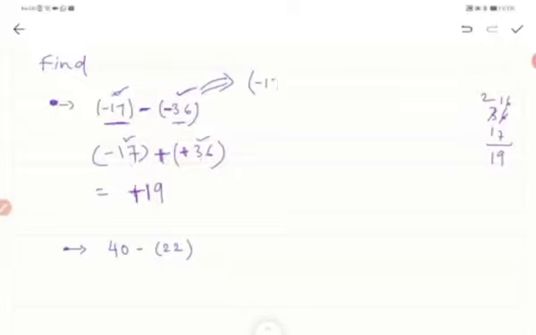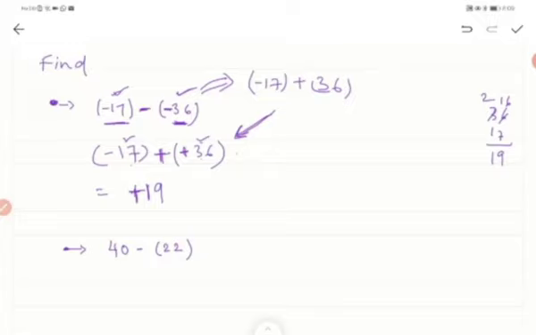So I will take minus 17 plus 36 directly. I got the same answer. Step by step, you take the additive inverse of minus 36, which is plus 36. We got the same one, isn't it?